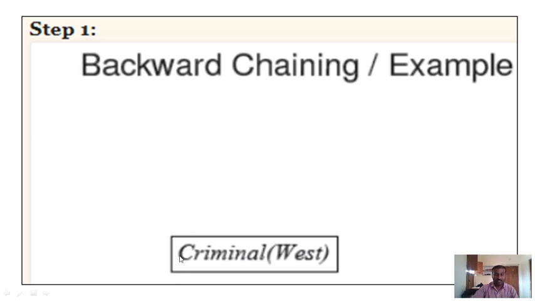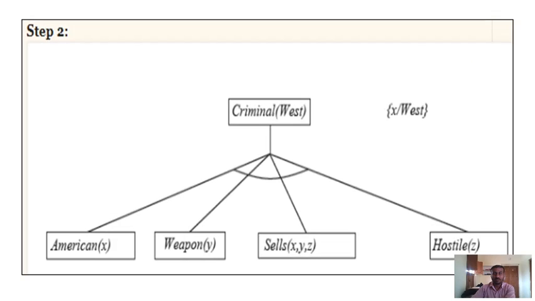So we want to say Colonel West is a criminal. For that, what we want to do is: he sells weapons to a hostile country, that is, no country. So this West is nothing but an American, and he has weapons, and those weapons he sells to a hostile country.